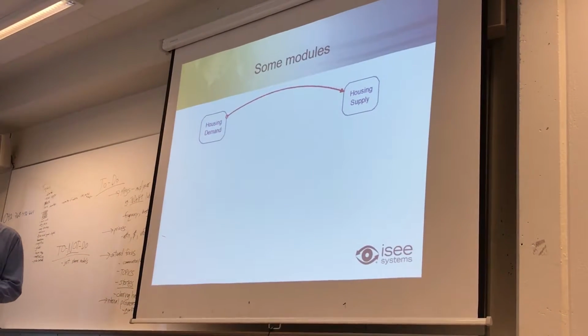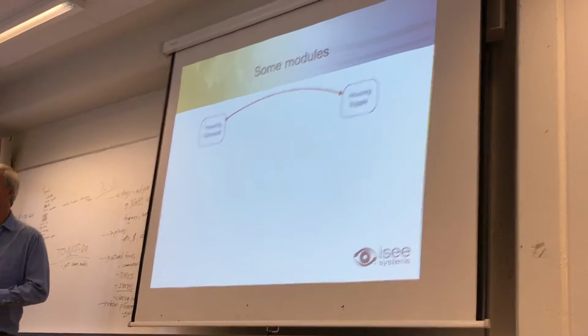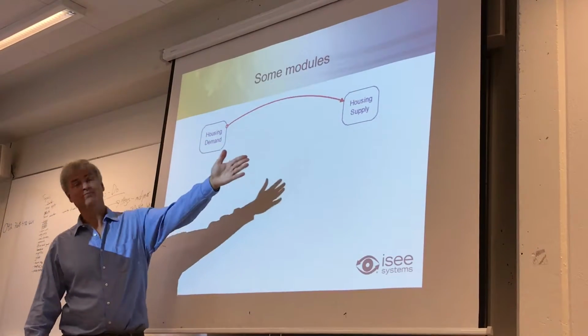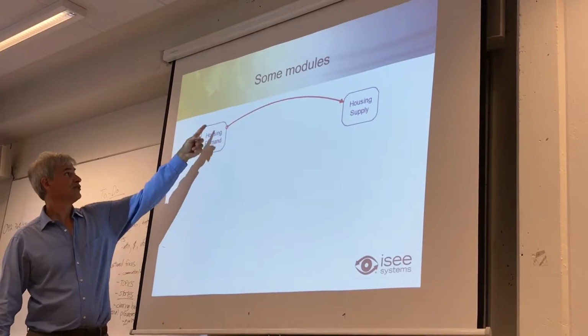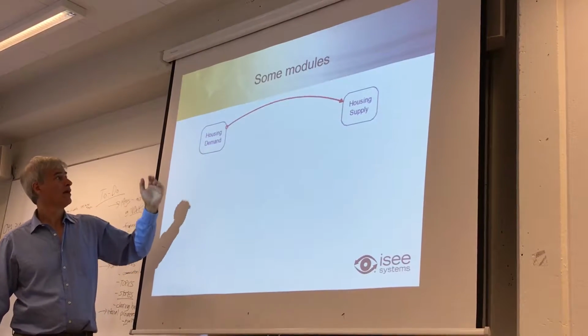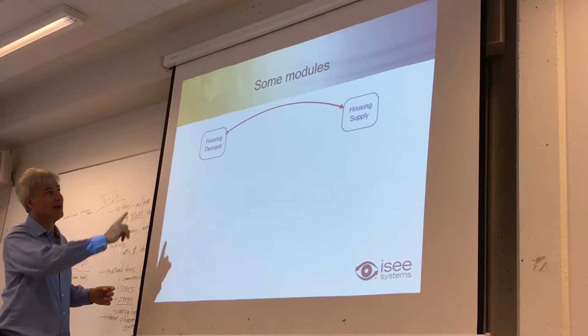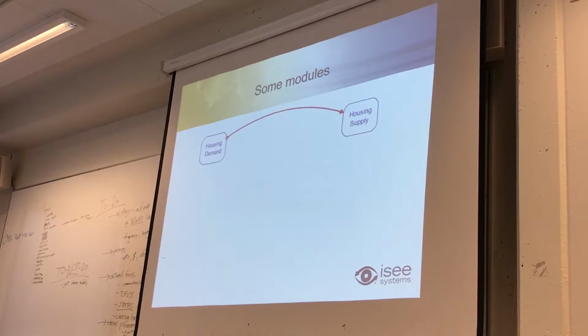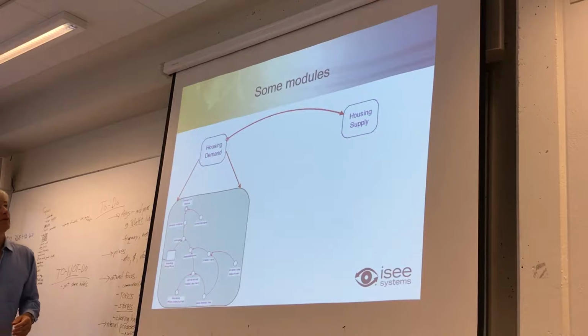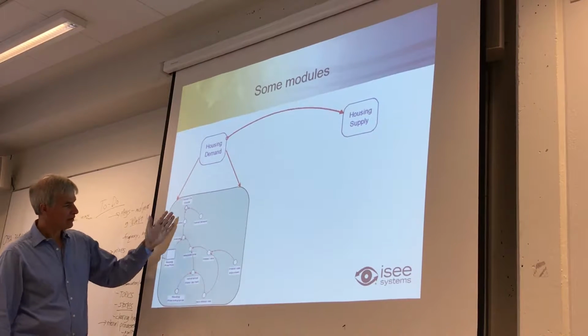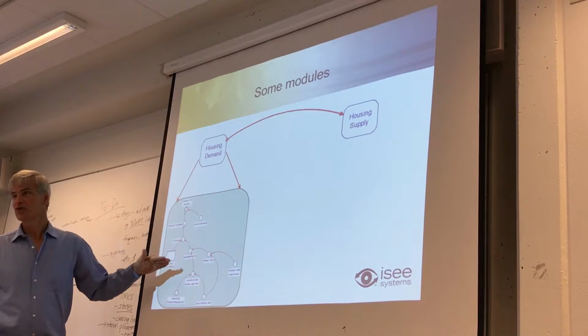Okay, so let's look at some modules, Ricardo. They look like this. This is the shape. You can have a name, housing supply, housing demand, and I have a connection between them. In here, I have some structure that we'll look inside.